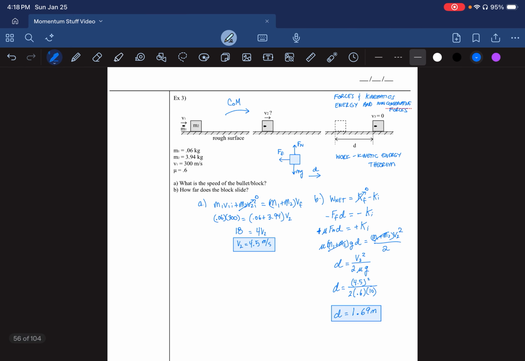I challenge you to try forces and kinematics, see what you come up with. You will start with forces first because you need the acceleration, and then determine the distance that way.